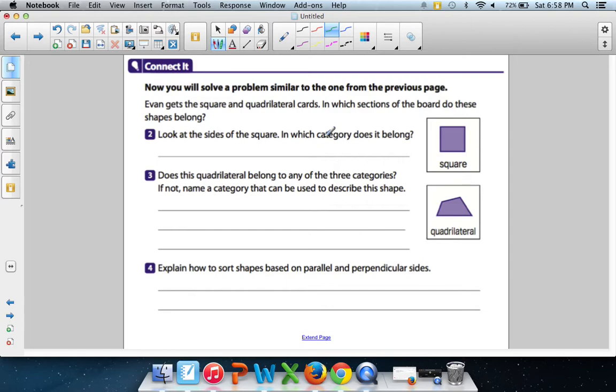These are Evan's cards. In which section of the board do the cards belong? So basically you have to put these cards, the square and the quadrilateral, in one of three sections: parallel only, perpendicular only, or parallel and perpendicular.